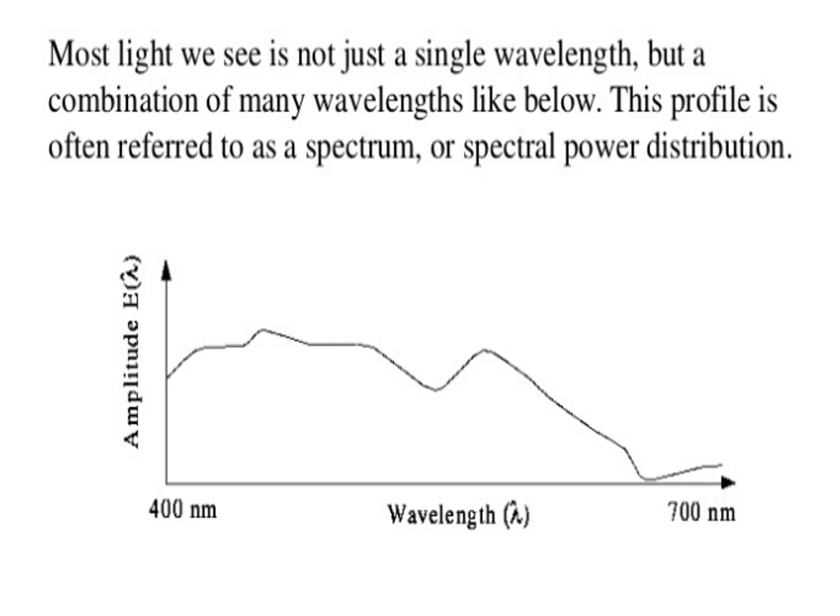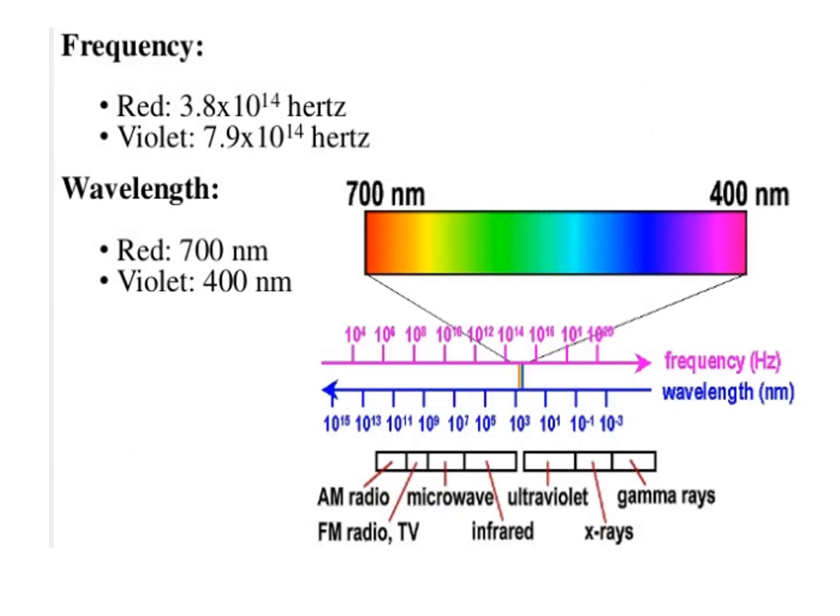This profile is often referred to as a spectrum or spectral power distribution. Thereby we perceive colors. There are different frequency ranges for different colors. A sample is given here; we may express it in terms of frequency or wavelength. For example, red and violet are given here.